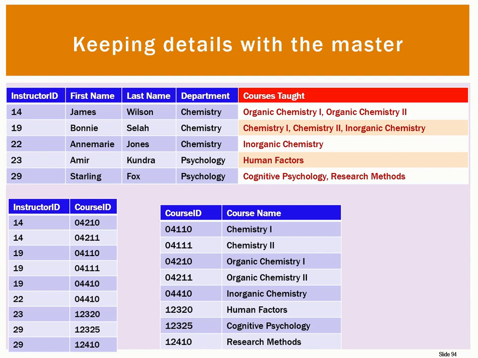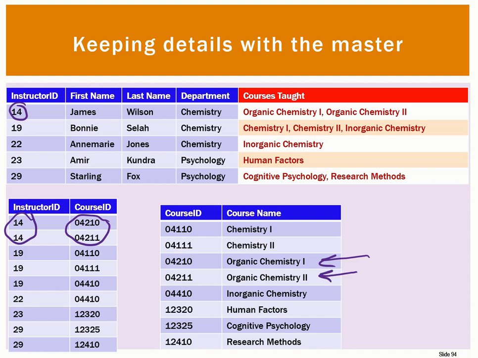So for example, we could look at instructor 14, James Wilson, see that instructor 14 has taught two different courses in the bridging table, and those two courses correspond to Organic Chemistry 1 and Organic Chemistry 2. That's how you would work in a normalized system.